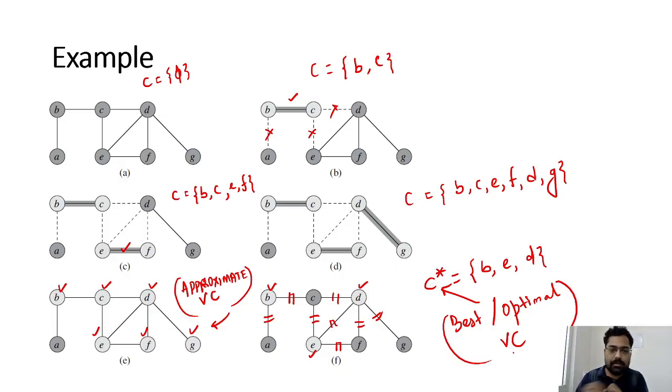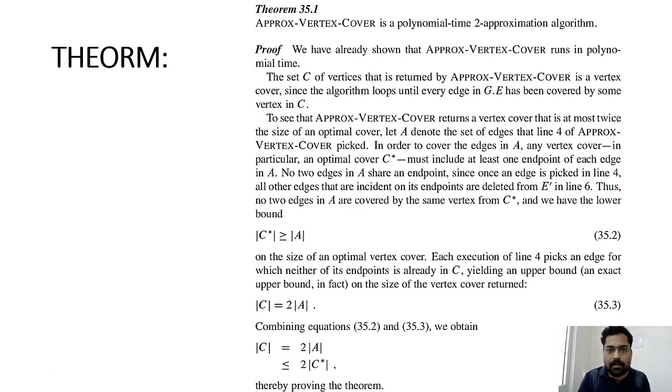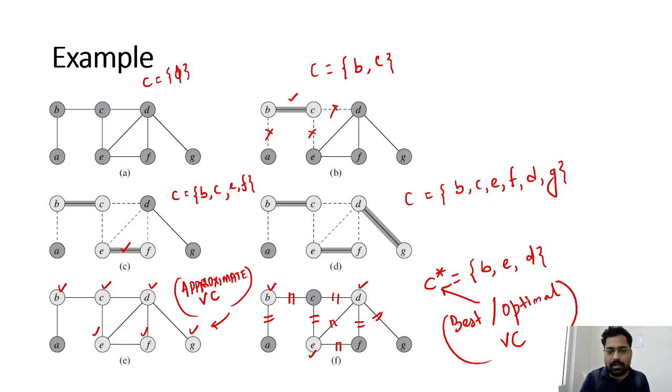Clear? The problem is not that hard to understand. The way we are computing the approximate value is playing a vital role. I hope you understood. Here our C value, if I'm taking the mod, it is 6.